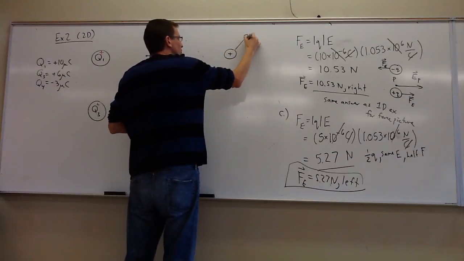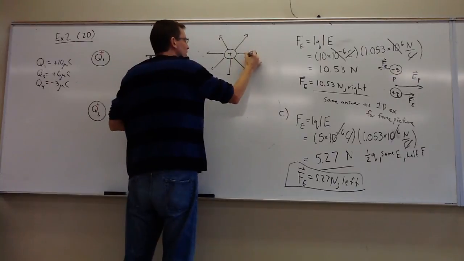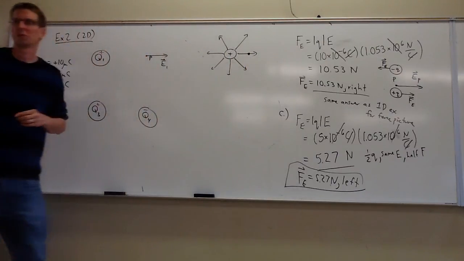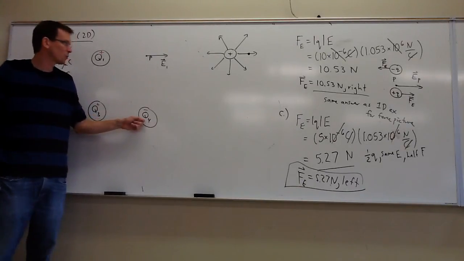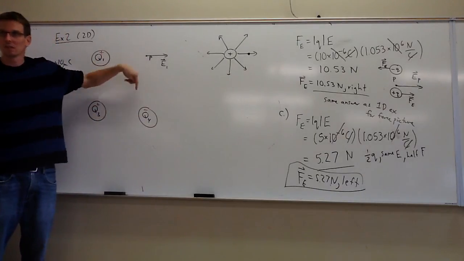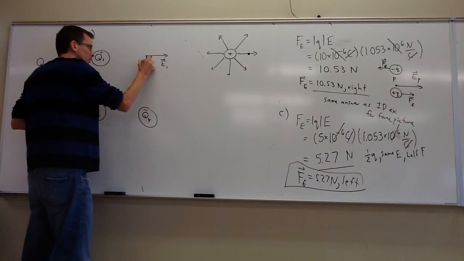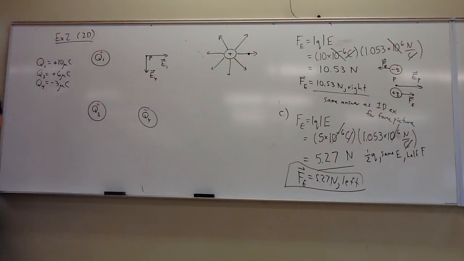Positive charge contributes radially away. Well, we don't have to draw it everywhere. We're right about there, so we're getting a rightward field, right? Contribute at point P. Okay, how about, let's skip to Q4. Which way does Q4 contribute a field at point P? Downward, right? Because it's radially toward everywhere, and radially towards is downward.